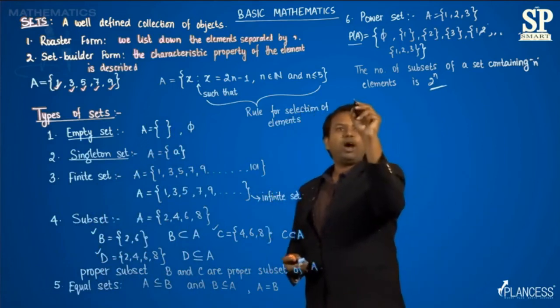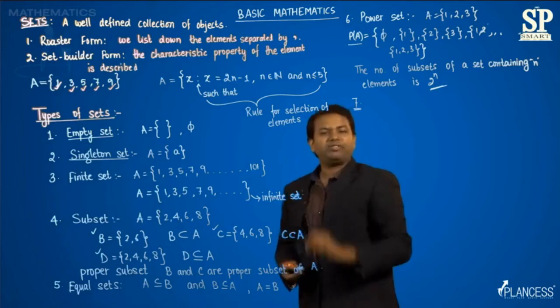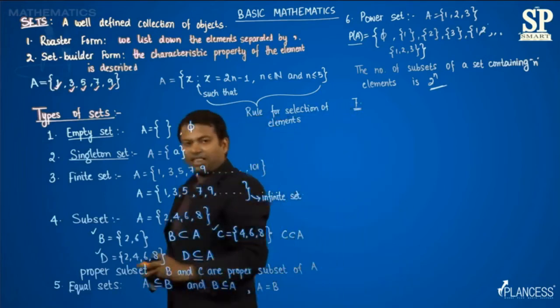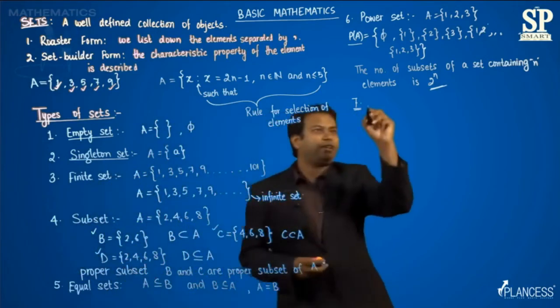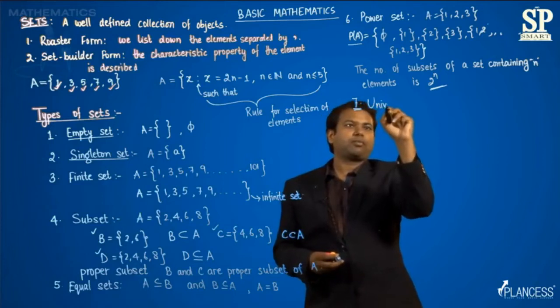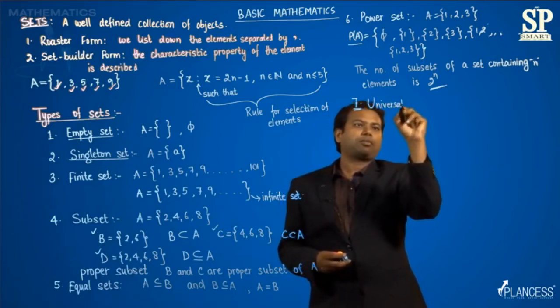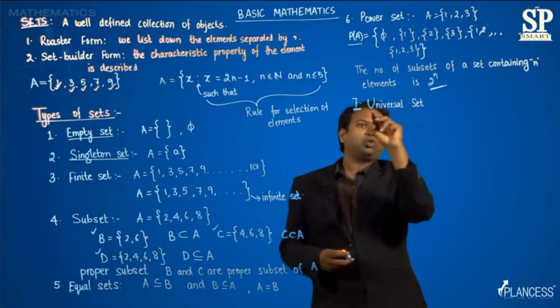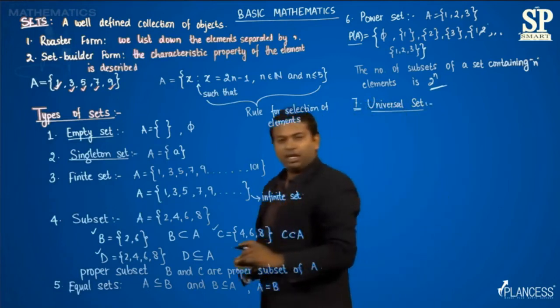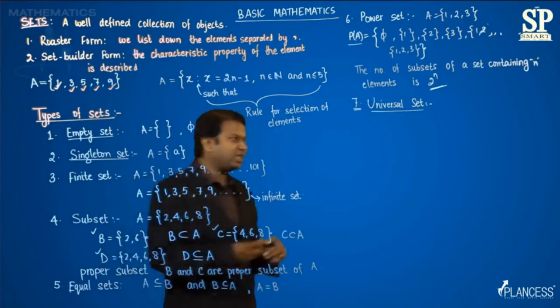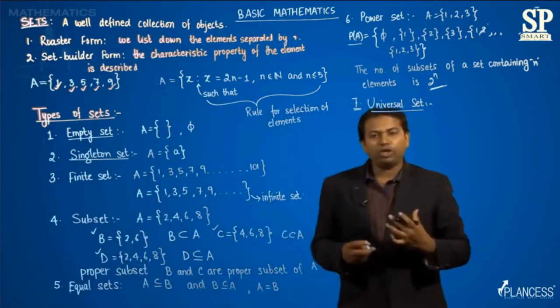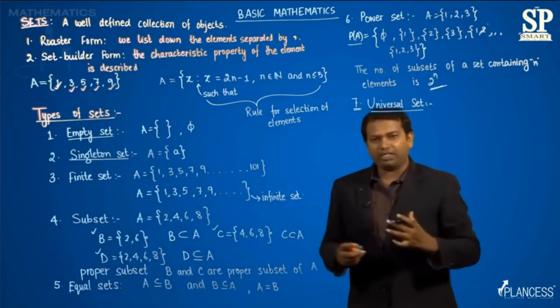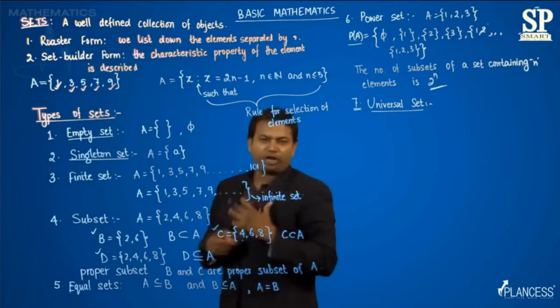Now there is one more type of set that we must discuss, and that is the universal set. So what is basically a universal set? A universal set is a set which is supposed to contain all the elements in a particular situation or scenario.